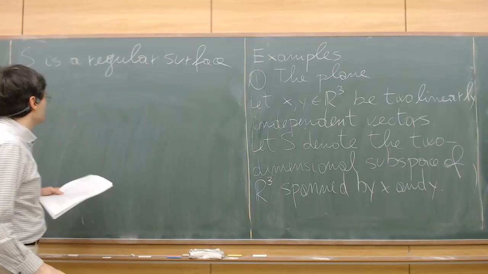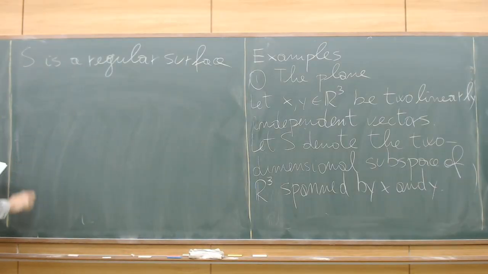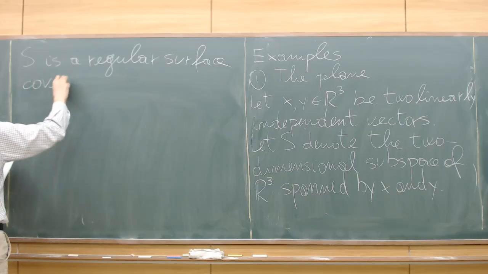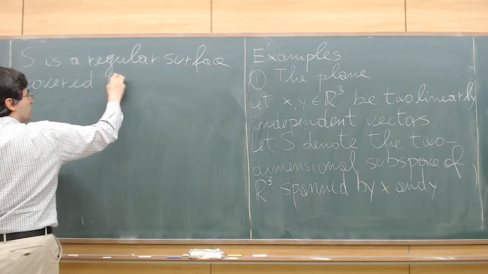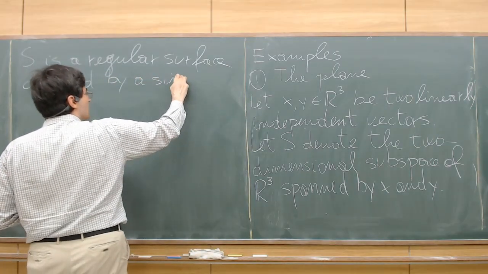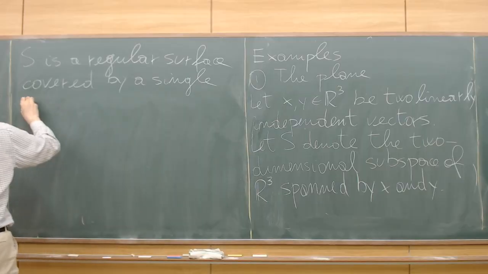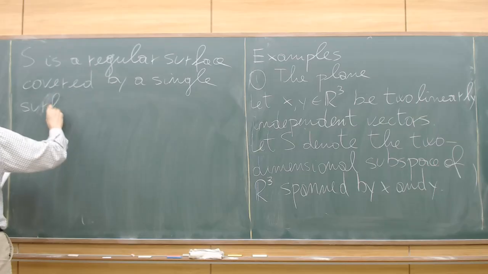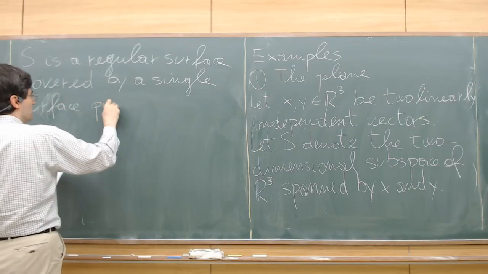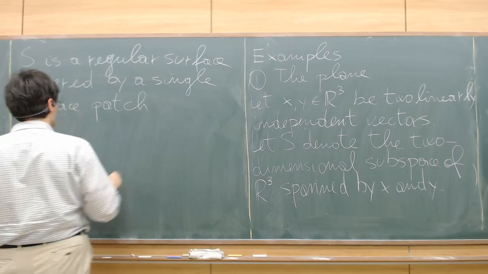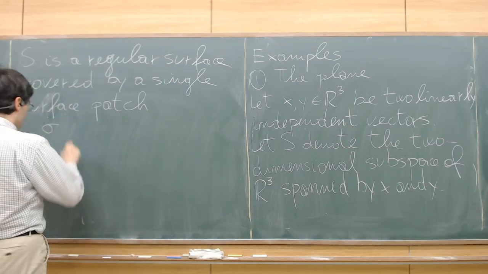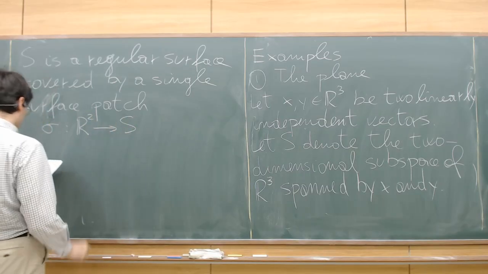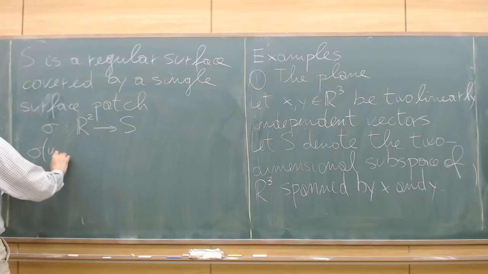S is a regular surface because it can be covered by a single surface patch sigma defined on R2 and given by this formula.